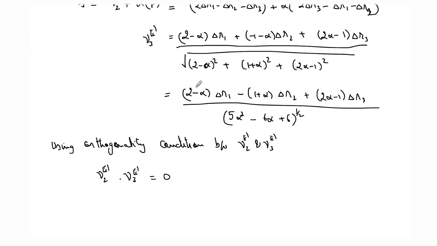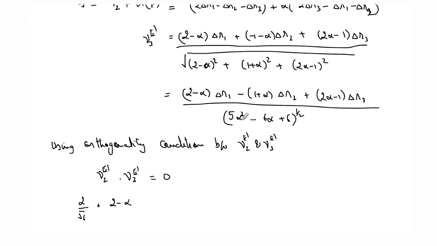So I can multiply the coefficients and equate it to 0, and what do I get? 2 by root 6 into (2 minus alpha).